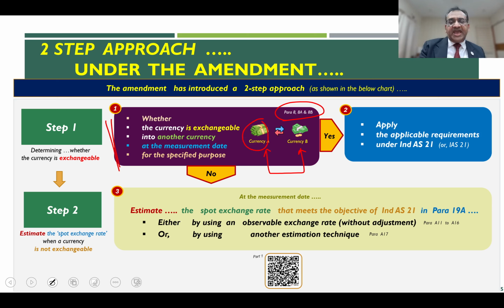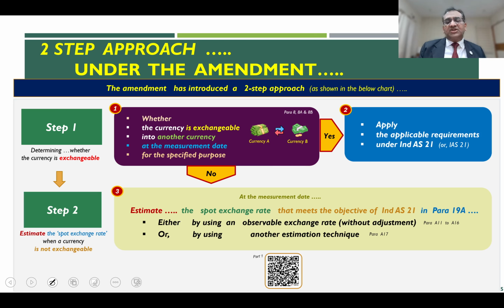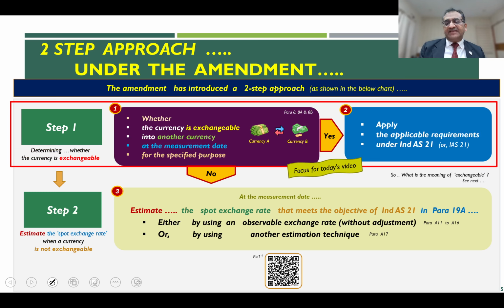Let's say currency A is exchangeable into another currency B at the measurement date for a specified purpose. These are the key characteristics or parameters that need to be evaluated, and our focus today would be to look at this particular requirement of the standard. The moot question is, what is the meaning of exchangeable?